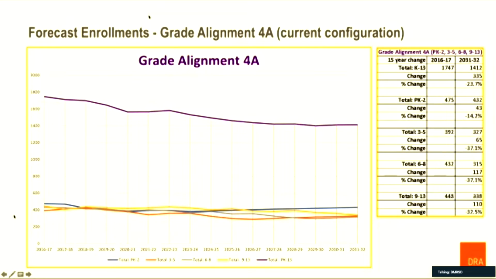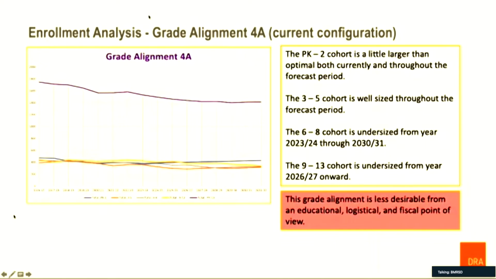And so our grade 4A alignment solves that problem pretty well, but it presents us with a few problems. Our pre-K through 2 cohort, which is what's at Millville right now, is a little bit big for the way the building is laid out and is working. The 3 through 5 cohort is a pretty good size right through.